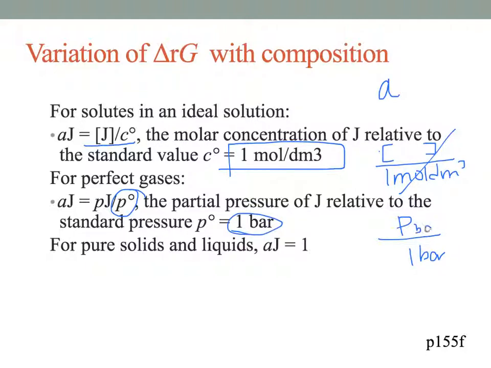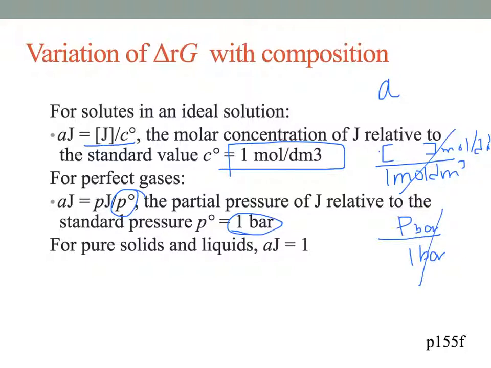And so if our pressure is in bar, then all that does is effectively serve to eliminate the units. And of course, for pure solids and liquids, the activity is always just simply equal to 1.